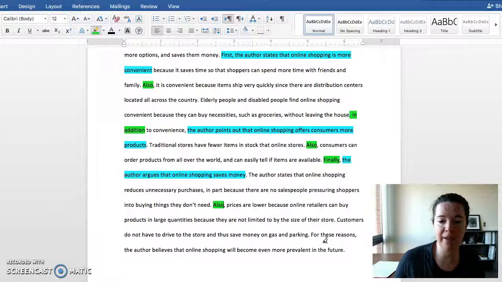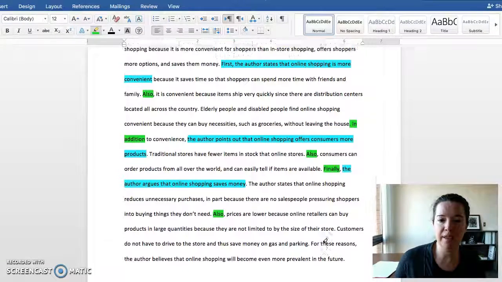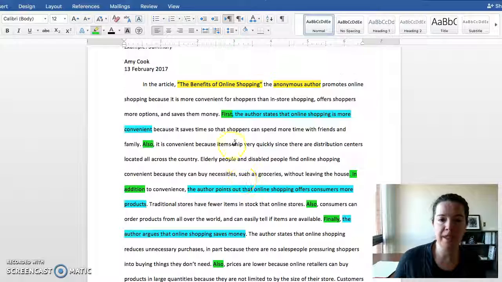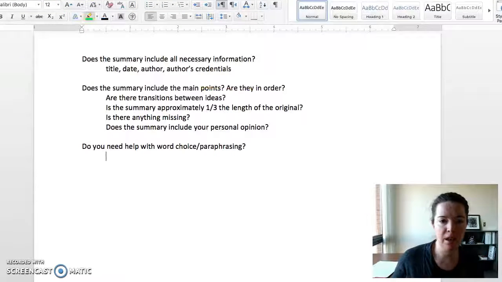I might want to go back later on and try to find another word instead of also. So yes, I've used this to help the reader to show when I'm moving between ideas that the author has.